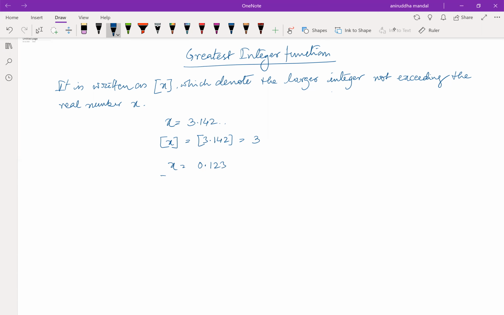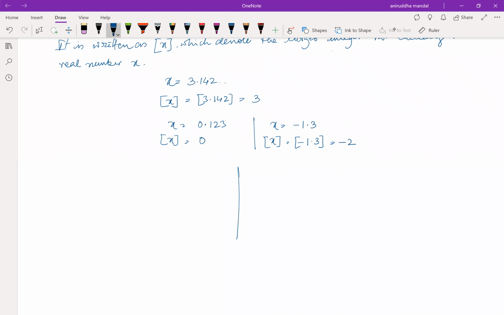If x equals 0.123, the greatest integer function of this number is 0. If I take x as minus 1.3, the greatest integer function of this number is minus 2. The graph of this function: suppose this is 0, this is 1, then 2, then 3, and so on, and on the left-hand side is minus 1, minus 2, and so on.